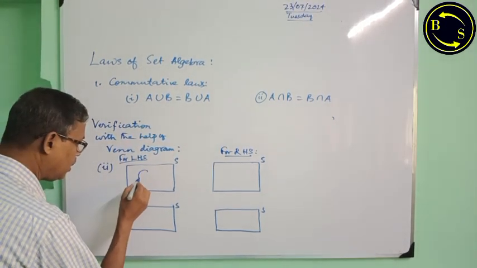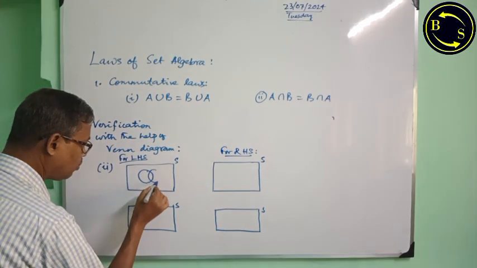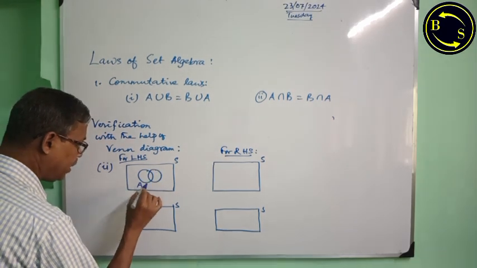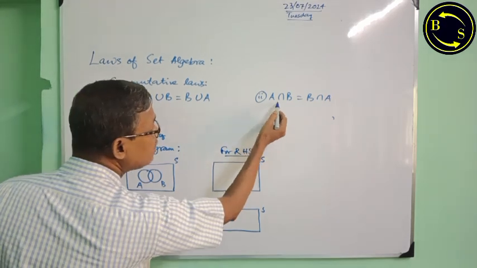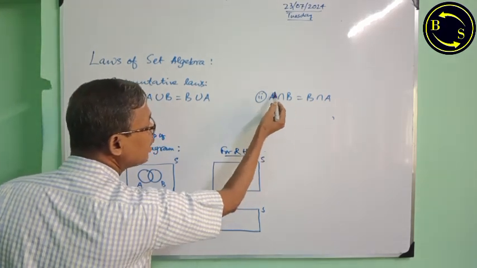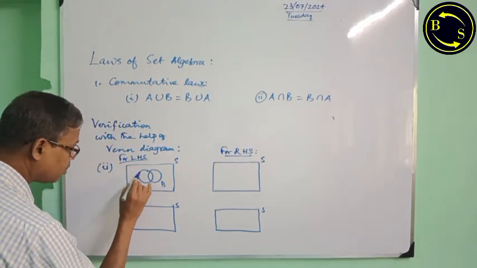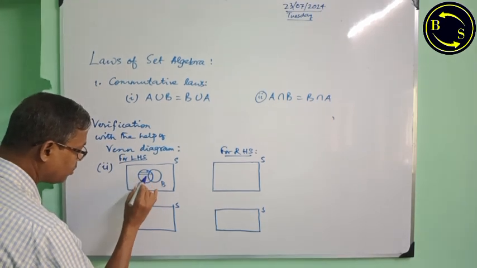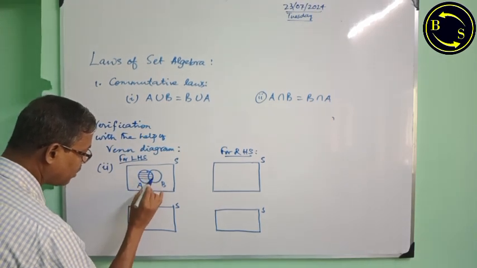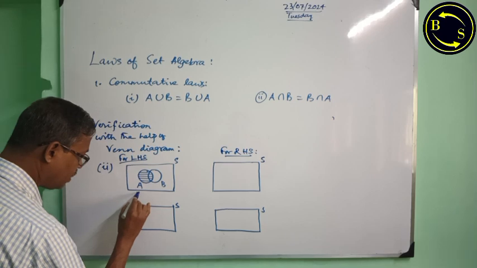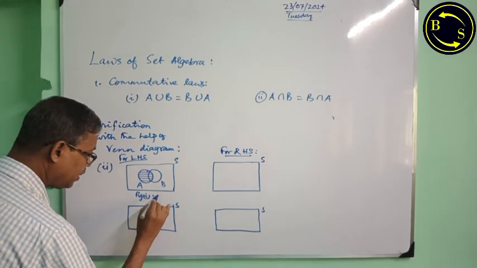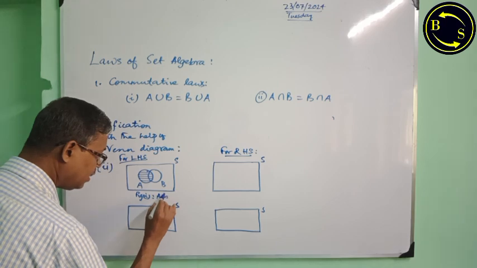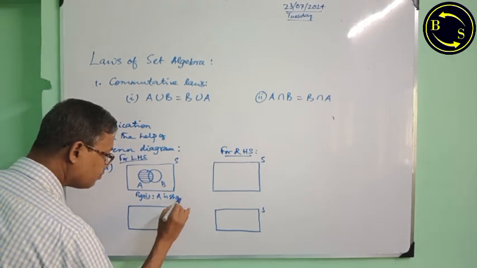First, I draw two sets A, B. Since A intersection B on the left side, we first mark the set A. This is figure 1. A is shaded.